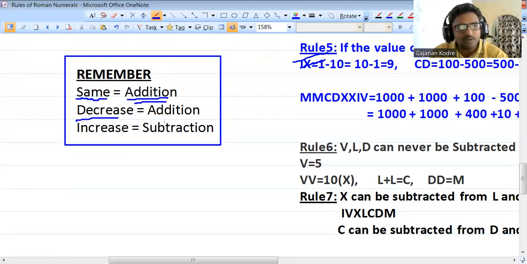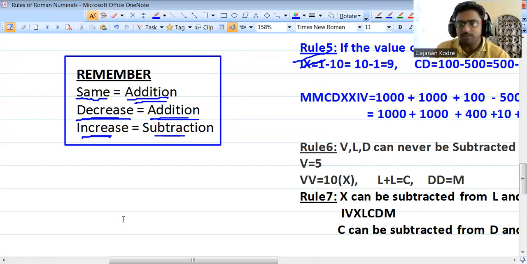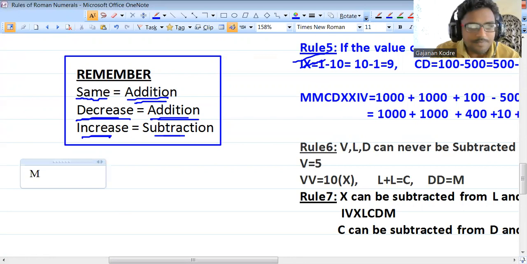Yes, डिक्रीज हो रहा है तो भी एडिशन करना है, and इंक्रीज हो रहा है तो सब्ट्रैक्शन करना है. Clear? So let me write a few numbers over here and let us see how we can get the answers. Let's say the numbers are M, M, C, D, double X, I, V.